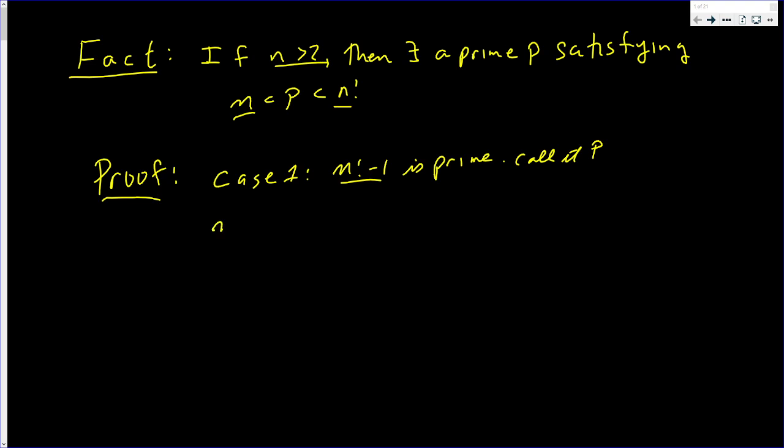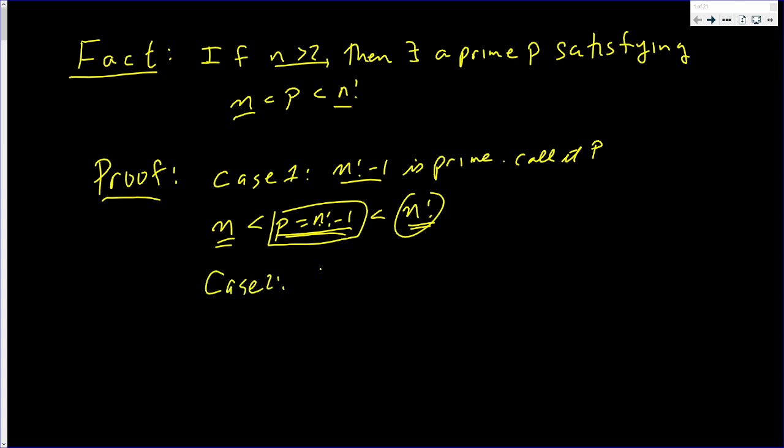Now we have that n is less than p, which is n factorial minus 1, which is less than n factorial. Remember, there's a gap of at least 3 in here. So 1 less than this number won't be n, and it certainly won't be less than n. It will be strictly in between n and n factorial.